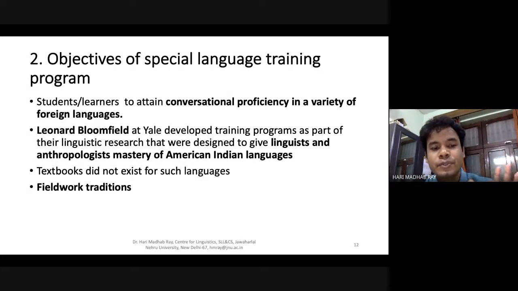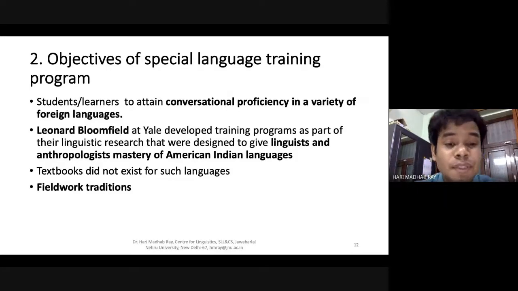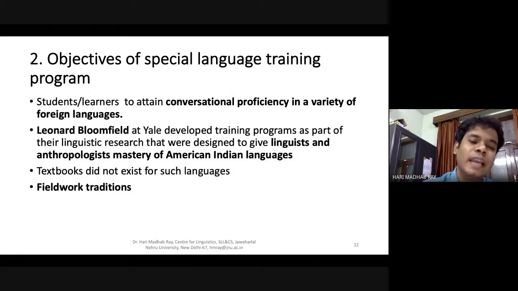These are interesting ideas coming from people who were working on different languages, not only English but many American Indian languages. I can tell you many names involved in these traditions, whether it is Sapir, Franz Boas, Whorf, and many other people.